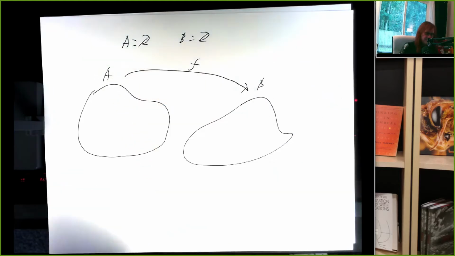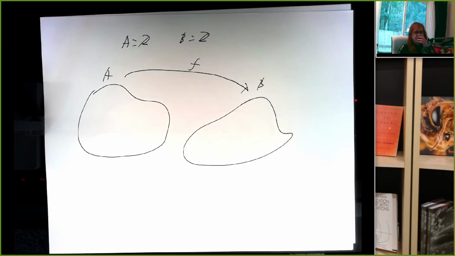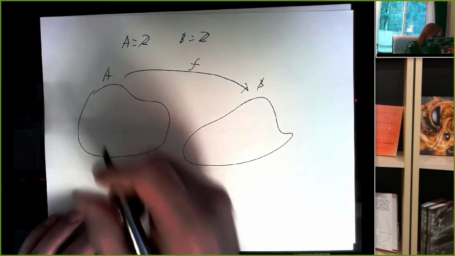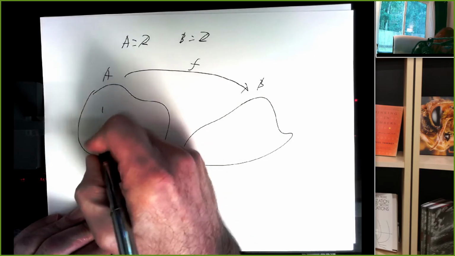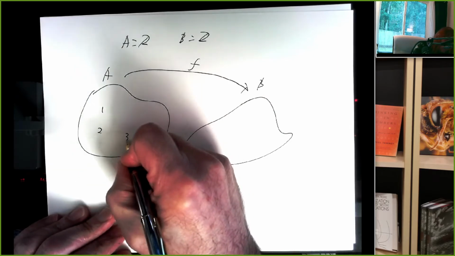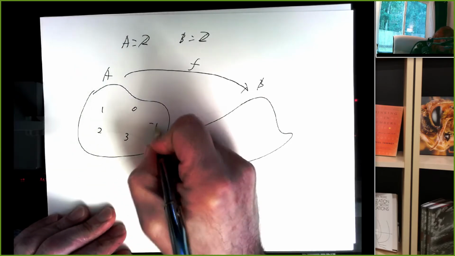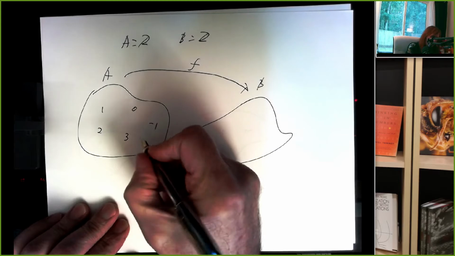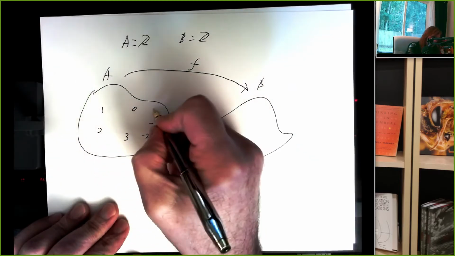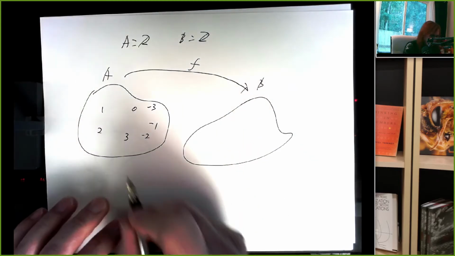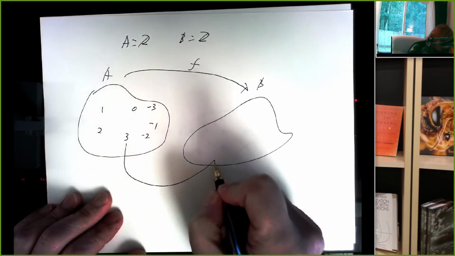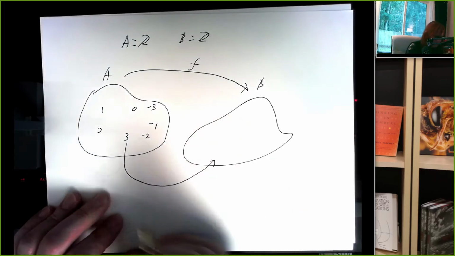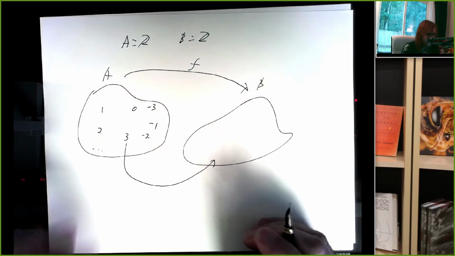And I'm going to define a function f which maps elements of A into elements of B. I'm showing you some of the elements of A. All the integers are in there.